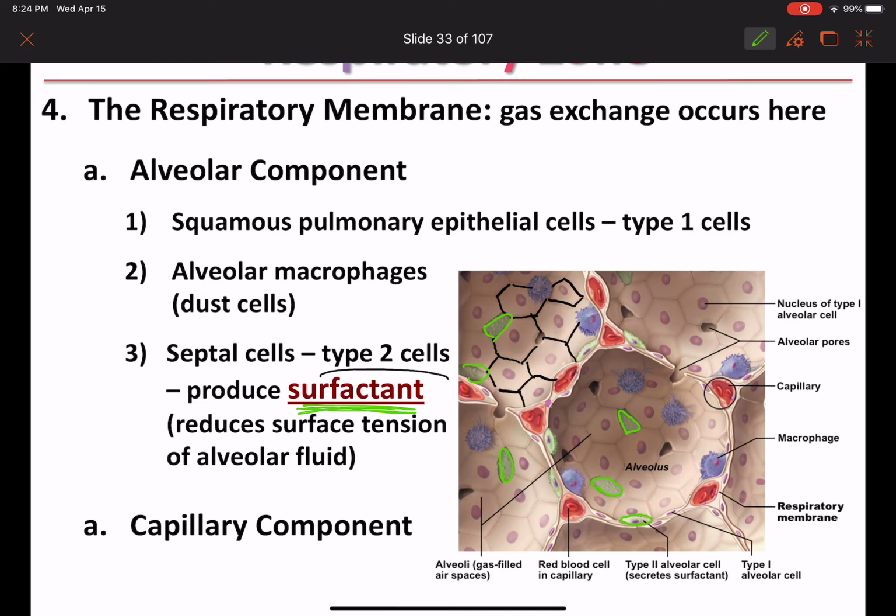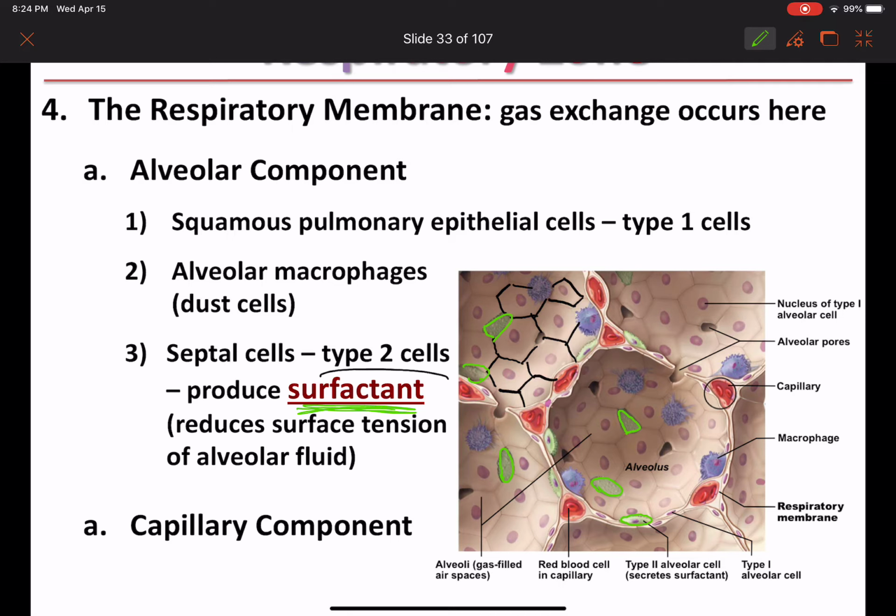So I want to talk to you a little bit about surfactant. You guys know that all of the cells of our body are bathed in interstitial fluid, right? Interstitial fluid is just this kind of fluid that fills up all the gaps between our cells. We said that one of the main purposes of the lymphatic system is to be able to evacuate and deal with that excess interstitial fluid, so it doesn't build up to be a problem.